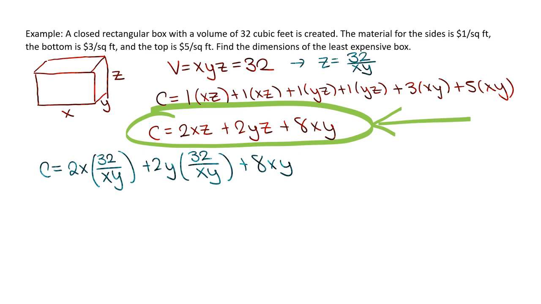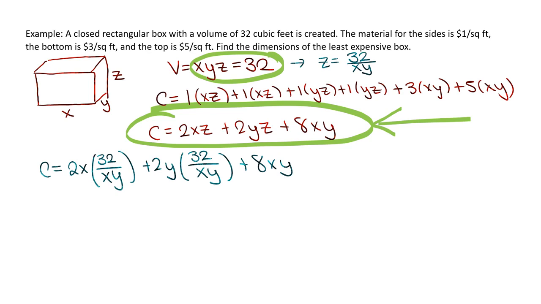I want to try to find the minimum value of this cost. I currently have a function of 3 variables, x, y, and z. The process that we learned works for functions of 2 variables. So let's see if we can use our constraint, our fixed volume here, to turn this into a function of 2 variables.